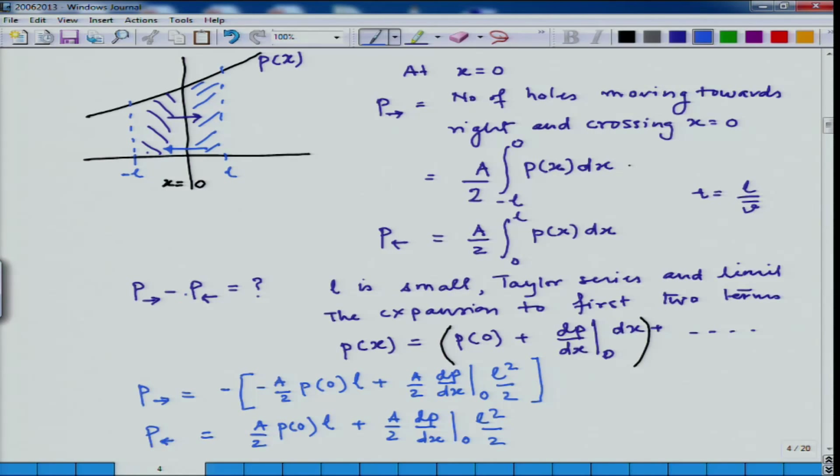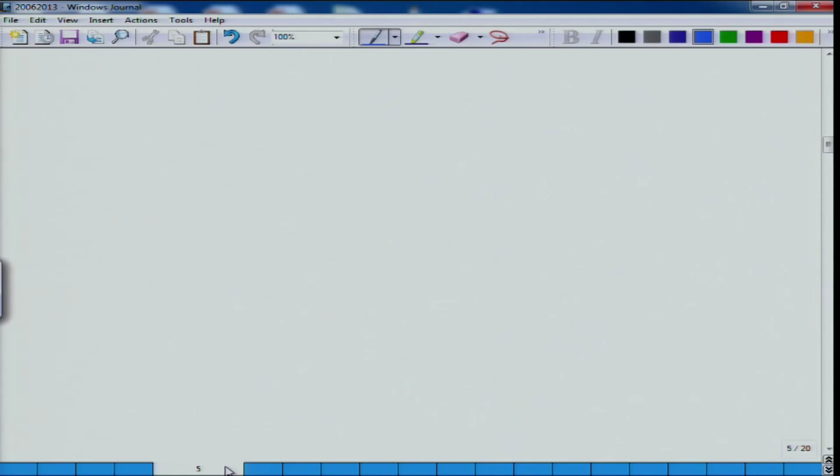So, now let us evaluate the difference of this to figure out the net carrier flow across x equal to 0, and we are finally interested in the flux of holes crossing x equal to 0.